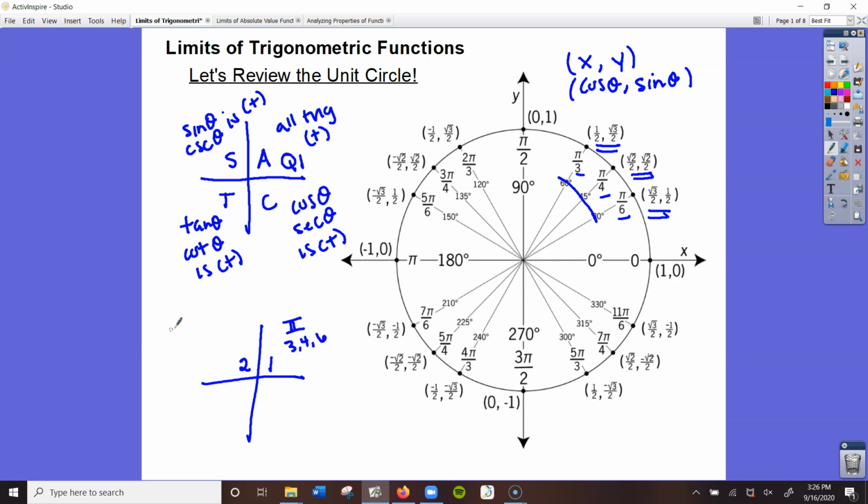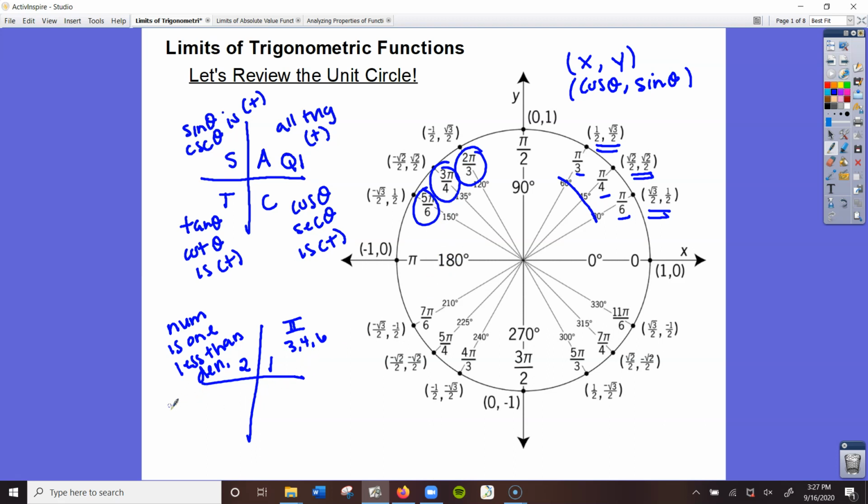In quadrant 2, the numerator is 1 less than the denominator. So if the denominator was 3, the numerator would be 2 pi. The denominator is 4, the numerator would be 3 pi, and etc.